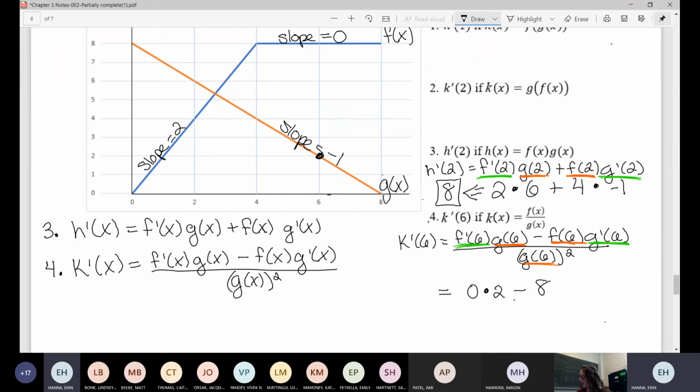Since the slope of that entire line is -1, that'll be -1, so 8 times -1. G of 6 was equal to 2, so we have 2 squared in the denominator. So we'll have positive 8 over 4, so 2.